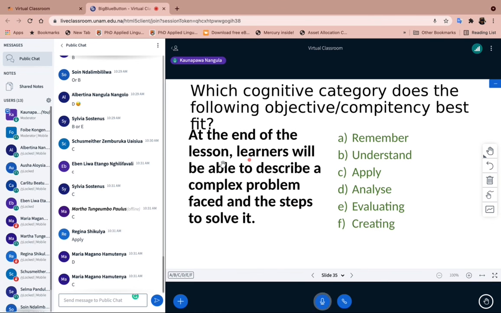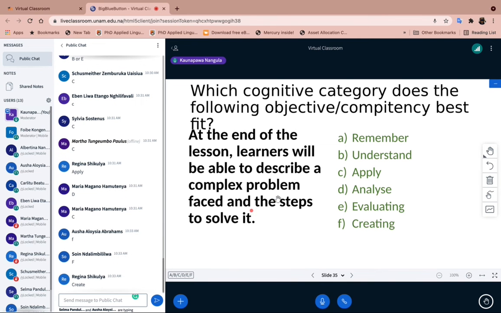Let's say the problem is stated within the text, and then they are coming up with steps to solve this problem. Within the text itself, there are no solutions given already, but they are coming up with steps to solve the problem. What will that be? It's creating. It's so much of creating.